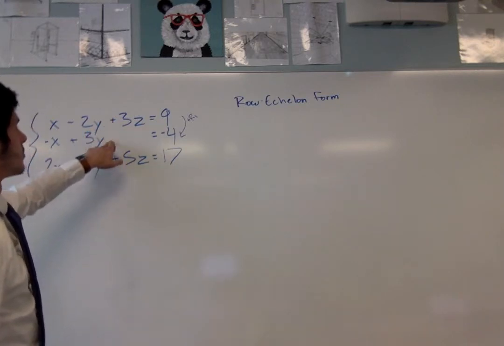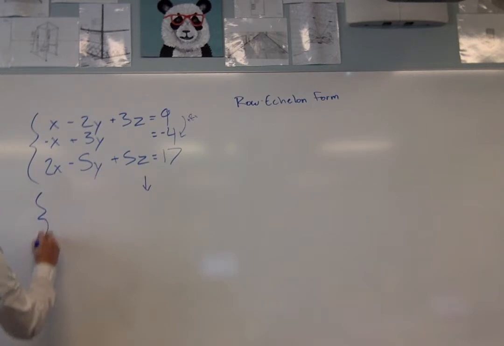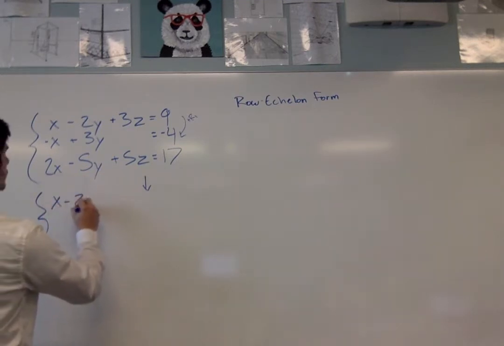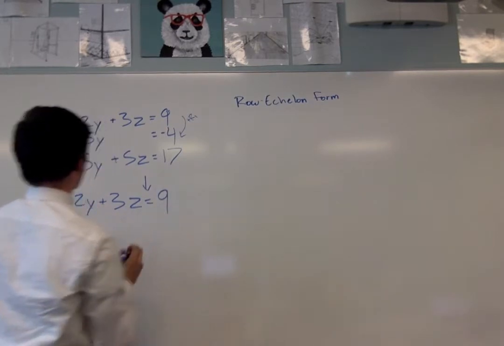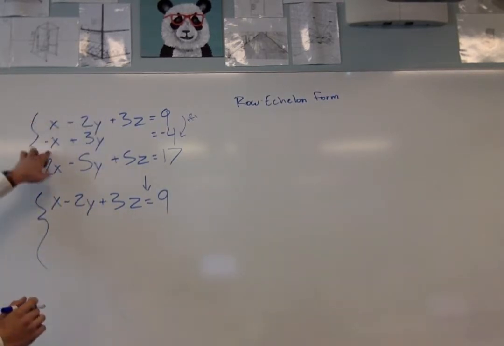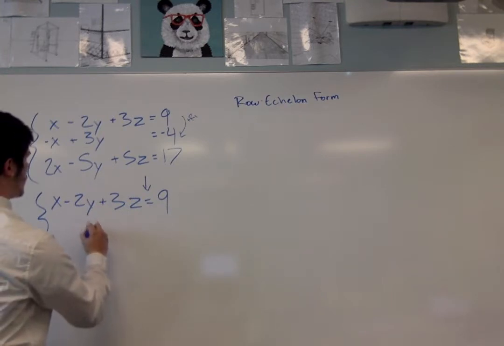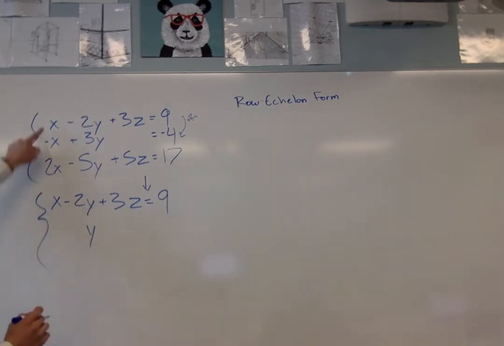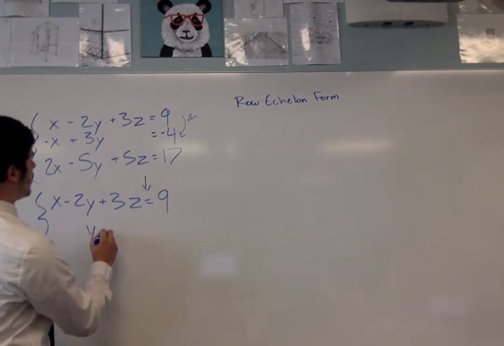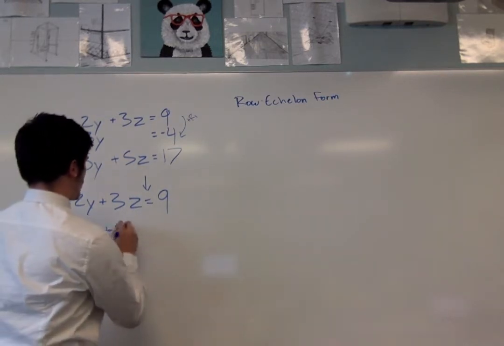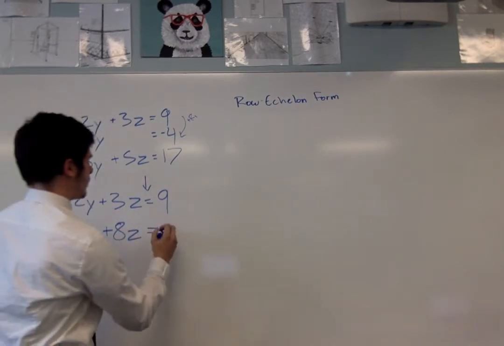So when we add these two together, our new system is going to be x minus 2y plus 3z equals 9. And then now that we've added this to here, we've got a positive y, no x, because x minus x is 0. And then we also are left with 8z equals 5.